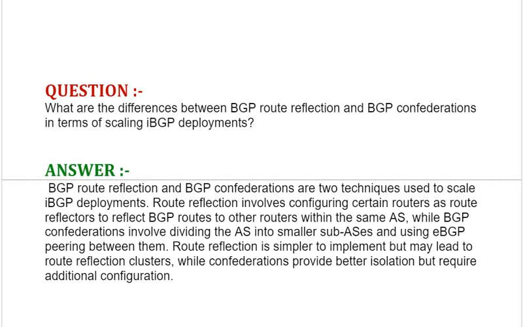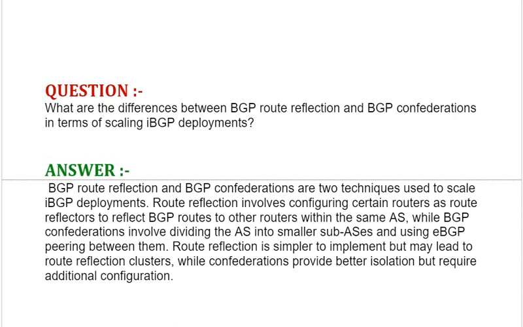Our next interview question is: what are the differences between BGP route reflection and BGP confederations in terms of scaling iBGP deployments? Your answer should be: BGP route reflection and BGP confederations are two techniques used to scale iBGP deployments.